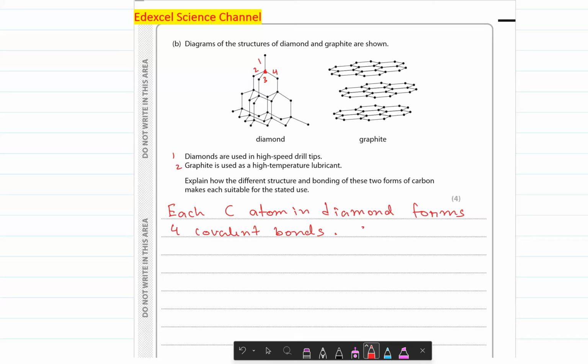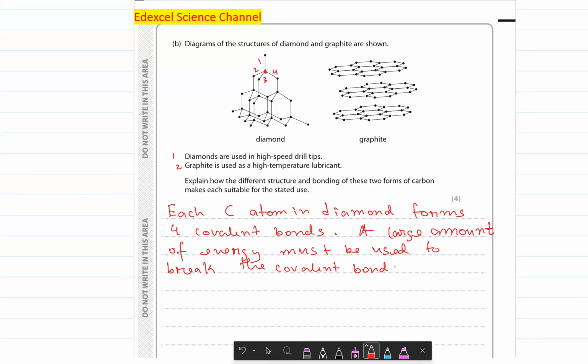Then a large amount of energy must be used to break the covalent bonds. So that is why it is suitable for high-speed drill tips.